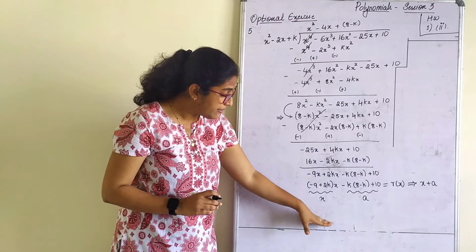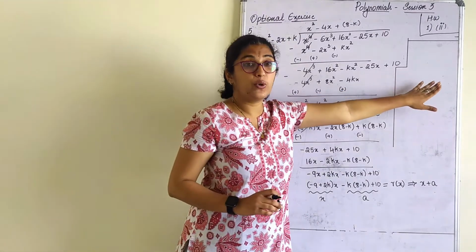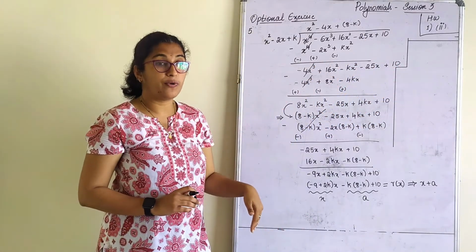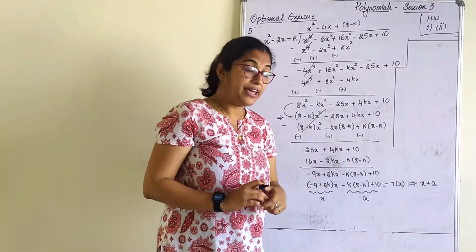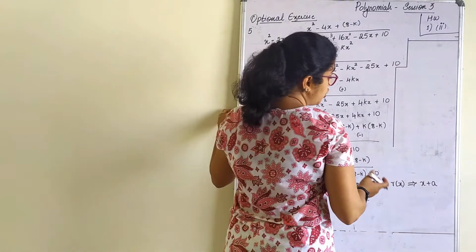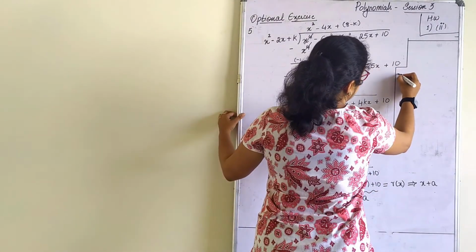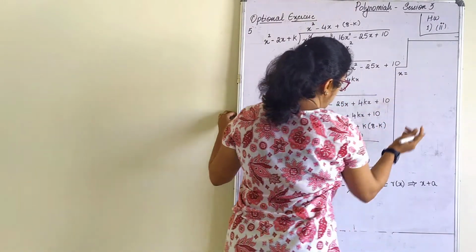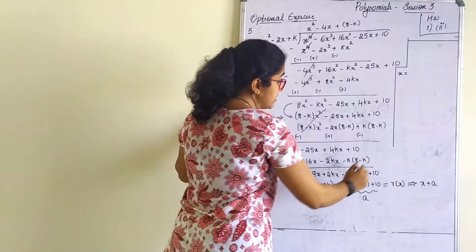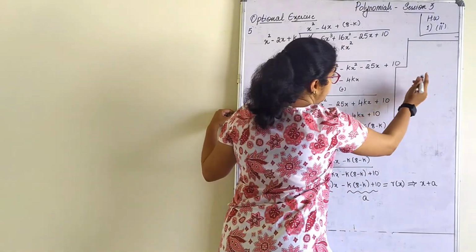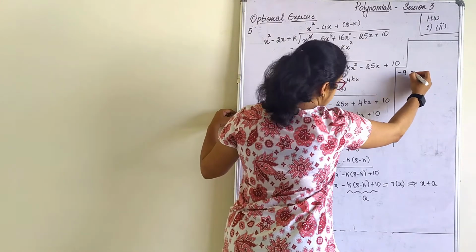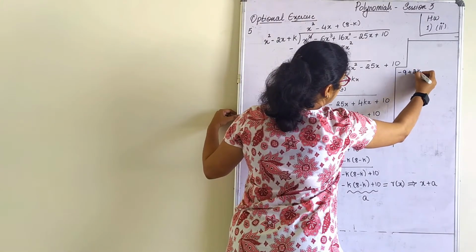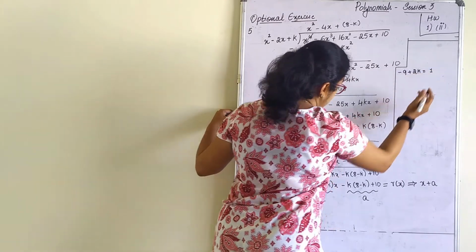I do not have space here, so I will be doing it in this part. Please do it one below the other. Now I have already written that this is in the form of x plus a. Therefore, when we match the coefficients, what is the coefficient of x? The coefficient of x is 1. Therefore, minus 9 plus 2k is equal to 1.